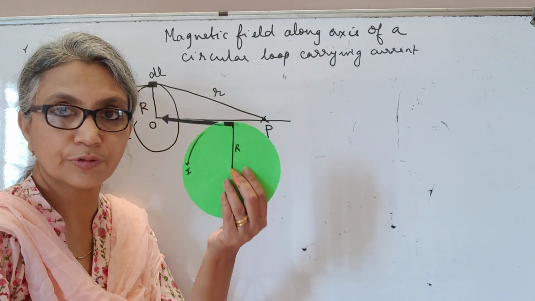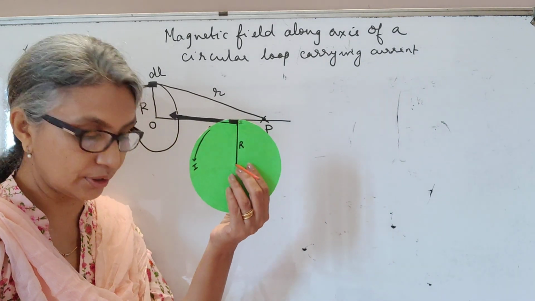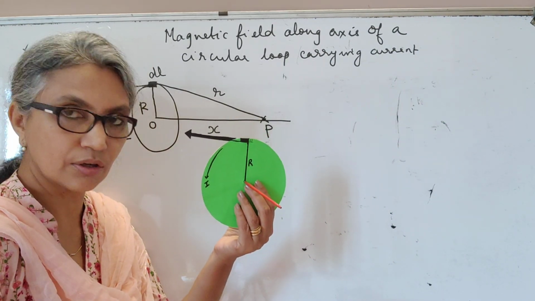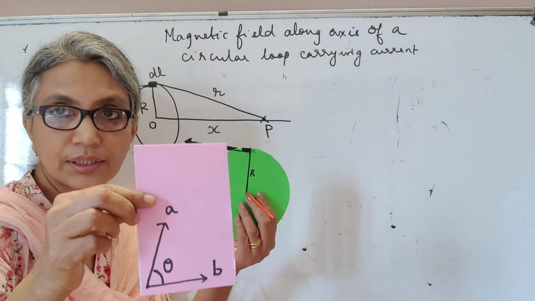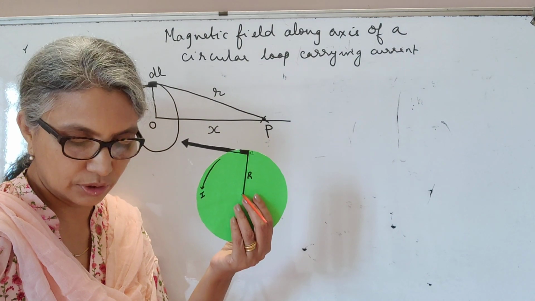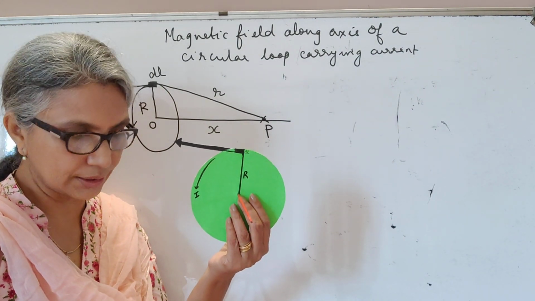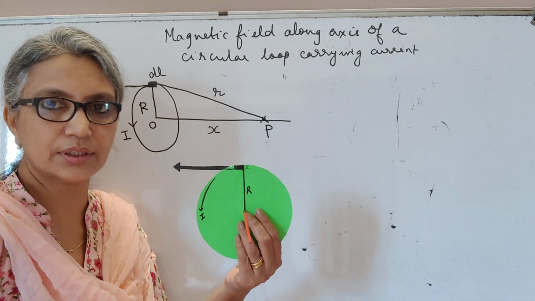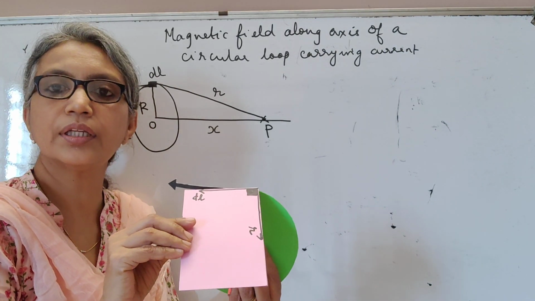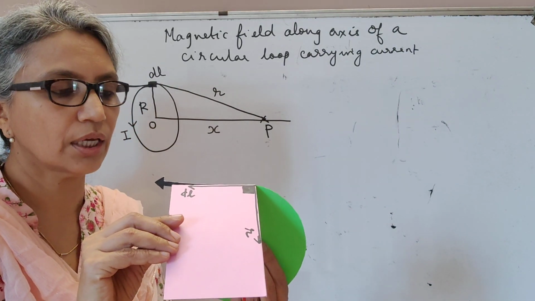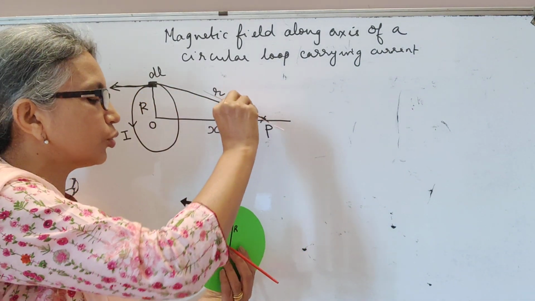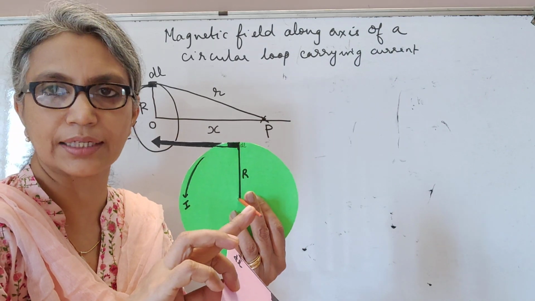Now, why it is important to look at it as a 3D figure is because, I told you, if you have A cross B, then vector C has to be perpendicular to the plane containing A and B. So now, let's look at dL. dL is along the tangent. Can you see this? And then r is a line joining that dL to P. So your point P is on this axis.